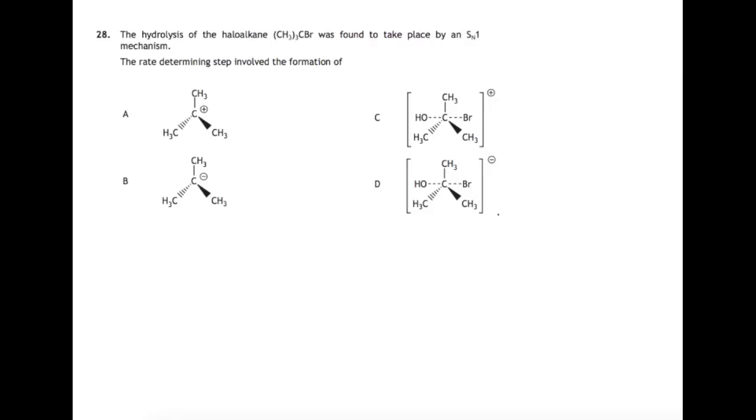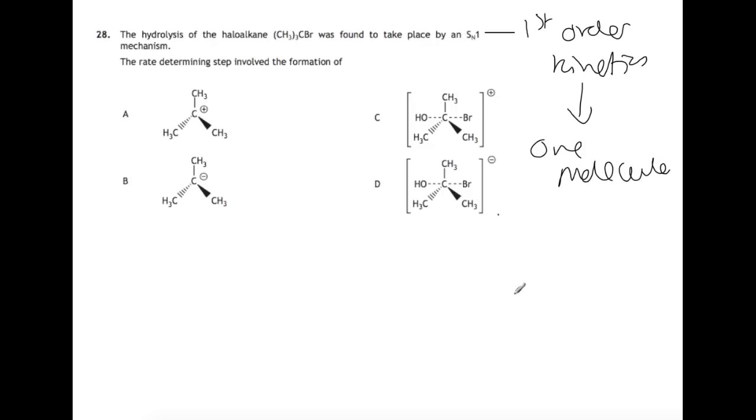Okay, question 28. We're looking at hydrolysis of haloalkane, and you're finding that it's done by SN1 mechanism. So this is substitution, nucleophilic, and it's first order kinetics, which means only one molecule in the slowest step, and that is your haloalkane. So what happens here, if we draw this out, we have your haloalkane, and this one is tertiary, and they often go by SN1 reactions.